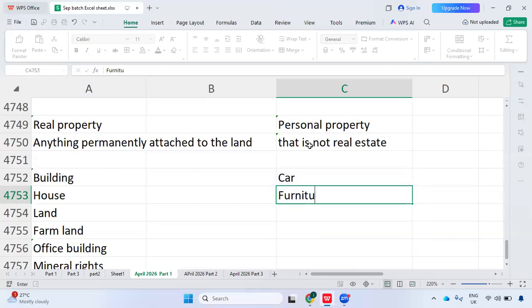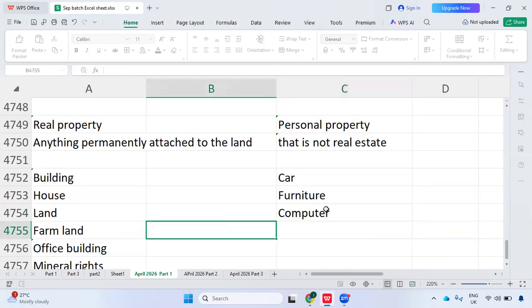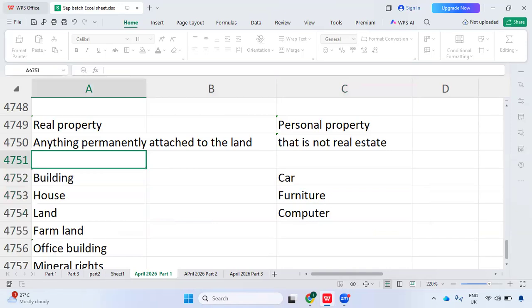Furniture, equipment, a computer, anything other than real estate property or real property comes under personal property.